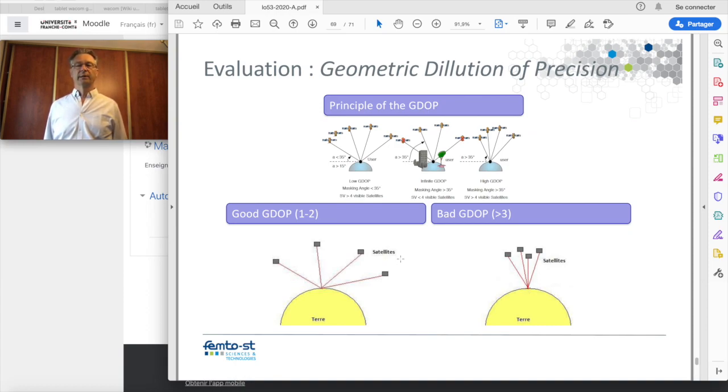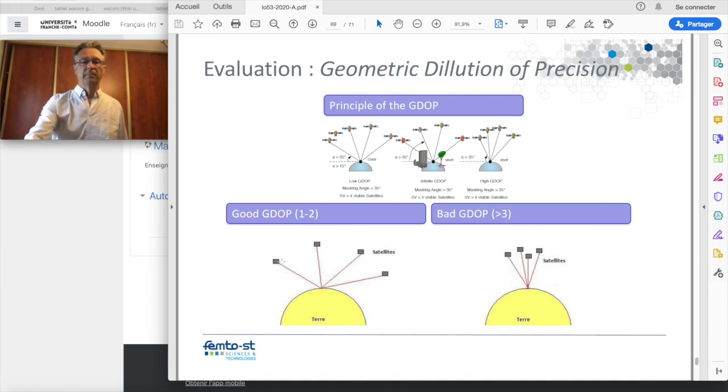So how can we calculate the GDOP? The GDOP is a formula where, when the value is close to 1, between 1 and 2, it's a good level of accuracy, and when the GDOP is greater than 3, it means that you don't have a good accuracy. On the 2 drawings, you can see what a good DOP is.